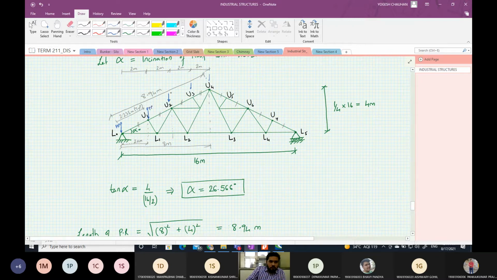Full panel point load, full panel point load. Here also, since it is on plan area, half load from this side, half load from this side, so this will be full panel point. This will also be full panel point, full panel point, full panel point, and this will be half panel point.